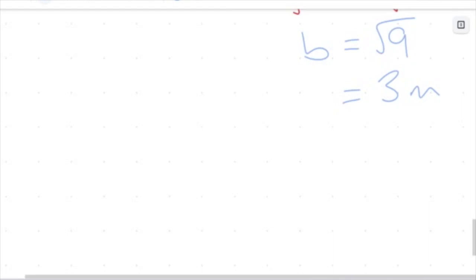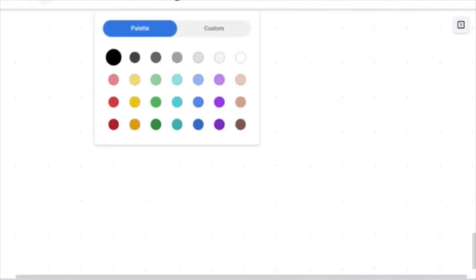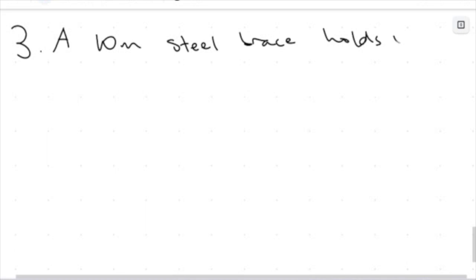Now let's do one more question to get you used to some worded questions and how we can chip away at dealing with worded questions, getting the most important bits out and working from there. So we have a 10-meter steel brace that holds up a concrete wall.